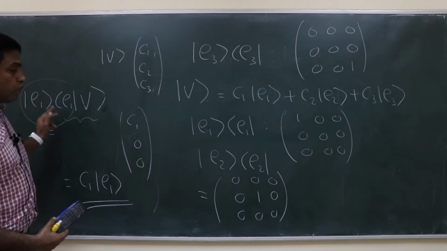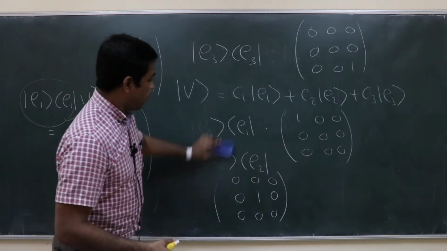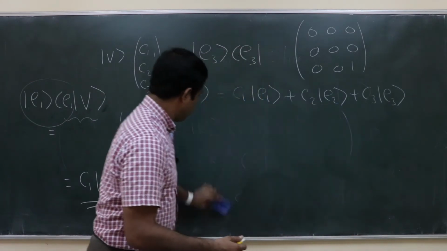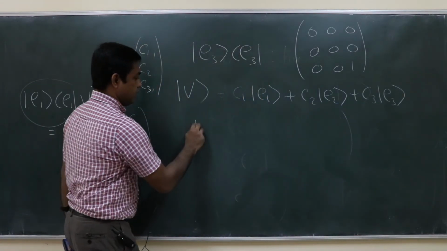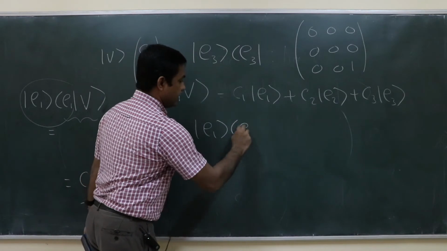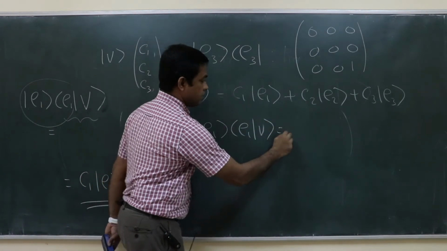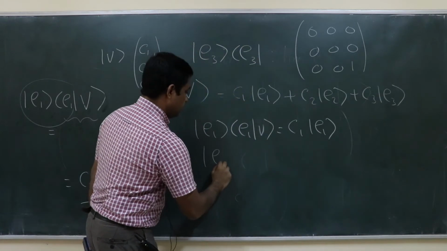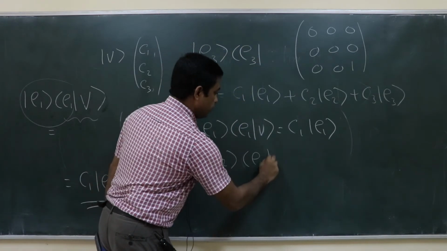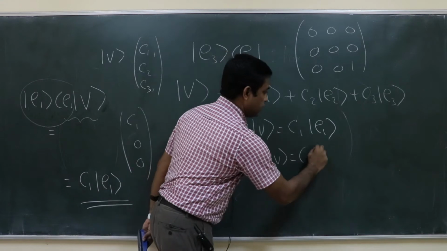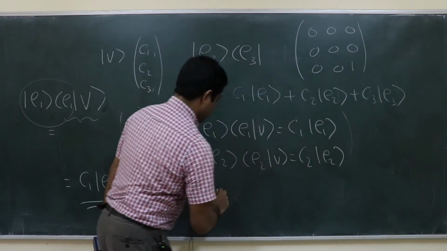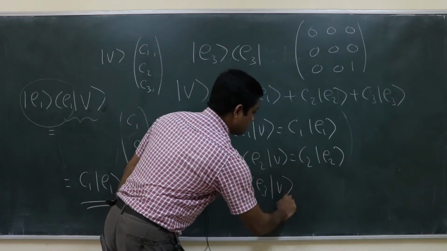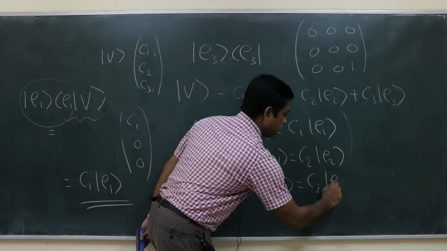Okay, then next one. So now you have ket E1 bra E1 V as C1 E1, ket E2 bra E2 V as C2 E2, ket E3 bra E3 V as C3 E3.